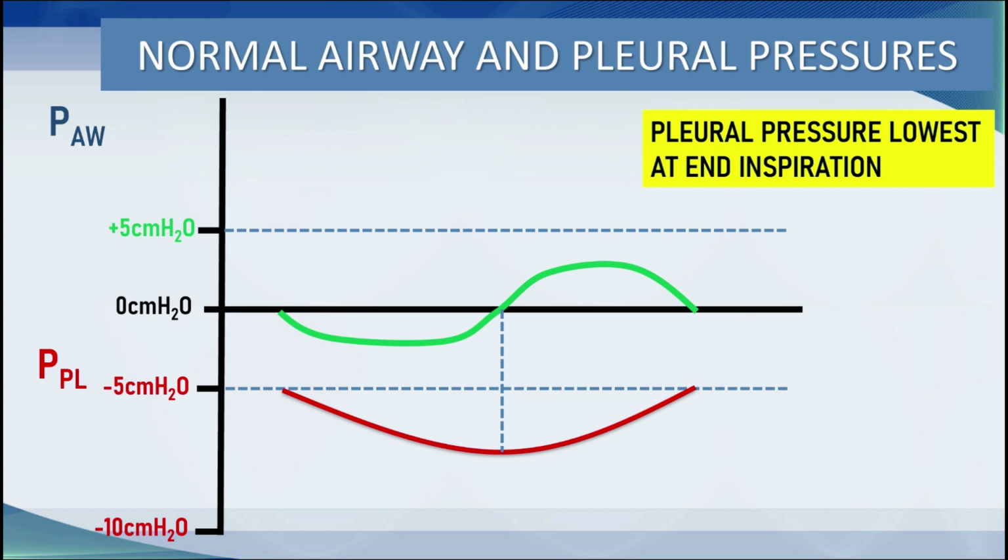And the pleural pressure progressively reduces until end inspiration, and then it increases again due to the elastic recoil of expiration back to the resting pressure wherever that might be adjacent to that part of the lung. In this example, I've left it at -5 centimeters of water, but of course it's different depending on whether you're talking about the lung apex versus the lung base.